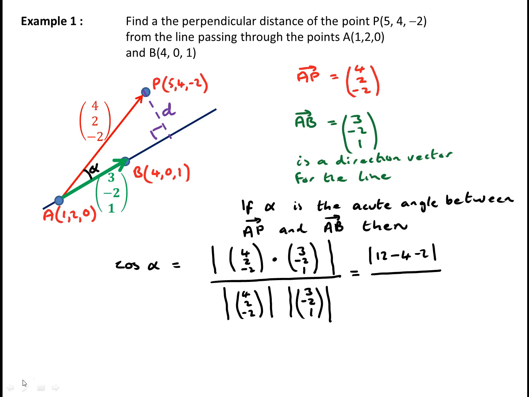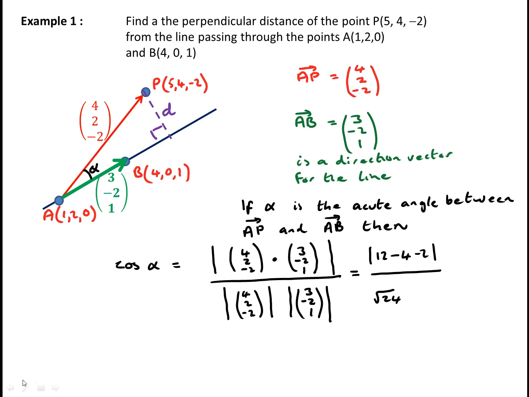On the bottom, I've got to calculate the magnitude of the vector (4, 2, -2), which is the square root of 4 squared plus 2 squared plus -2 squared, which is root 24.